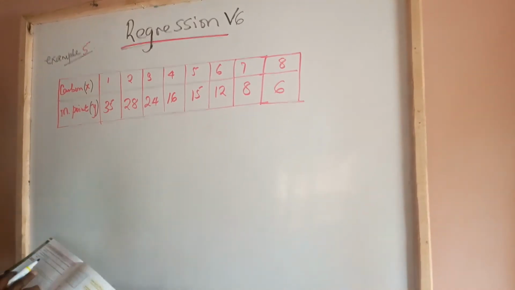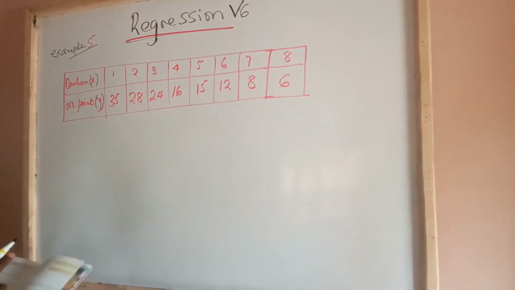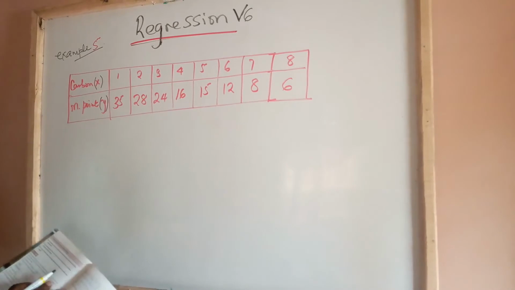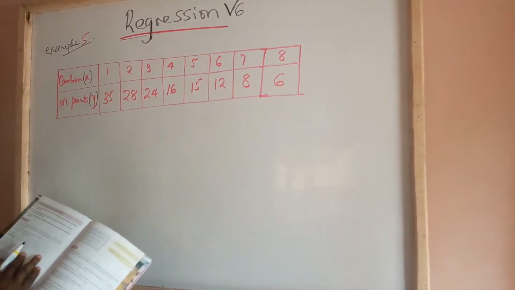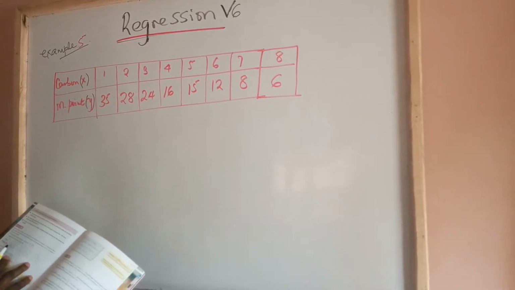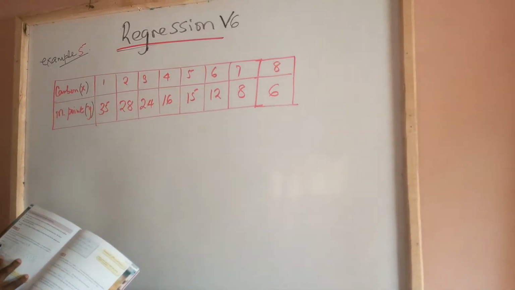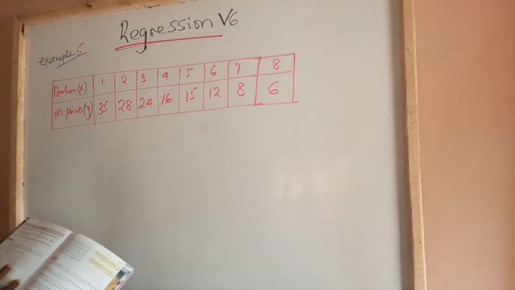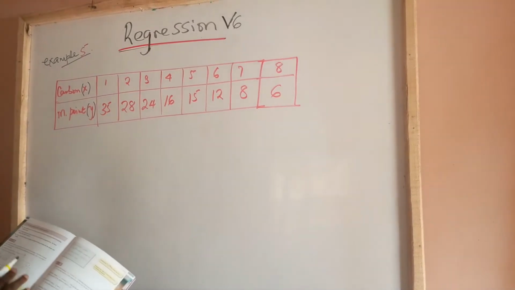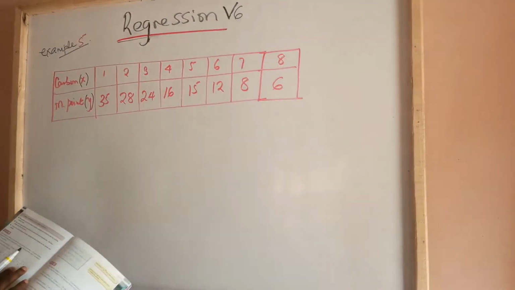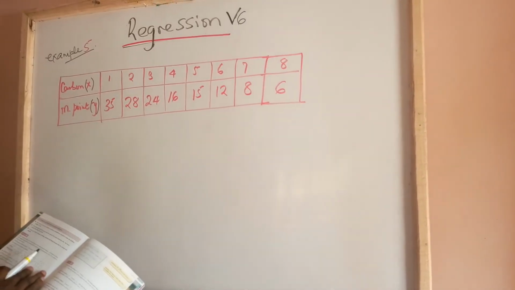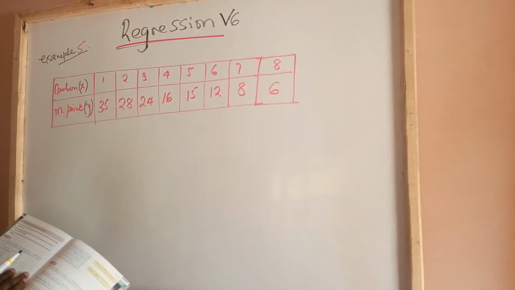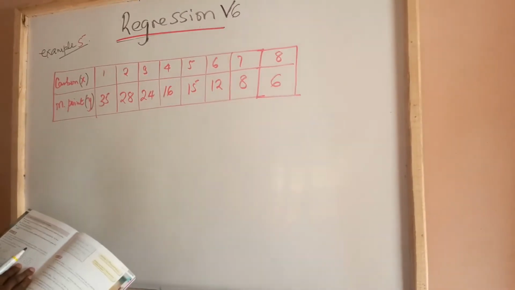This is going to be seen in example 5, which says 8 samples of carbon steel were produced with different percentages, C, of carbon in them. Each sample was heated in a furnace until it melted, and the temperature M in degrees Celsius at which it melted was recorded.